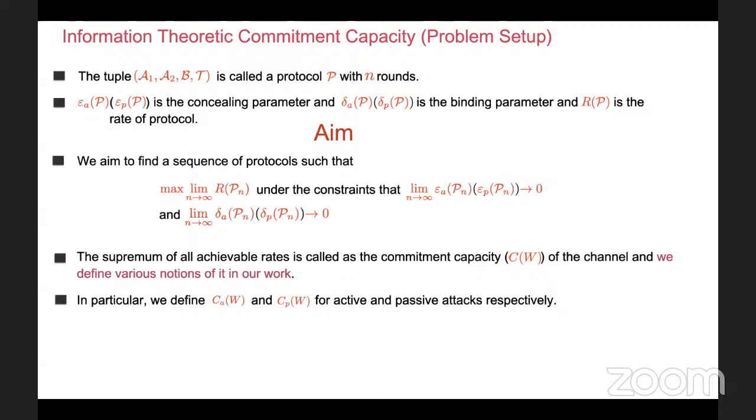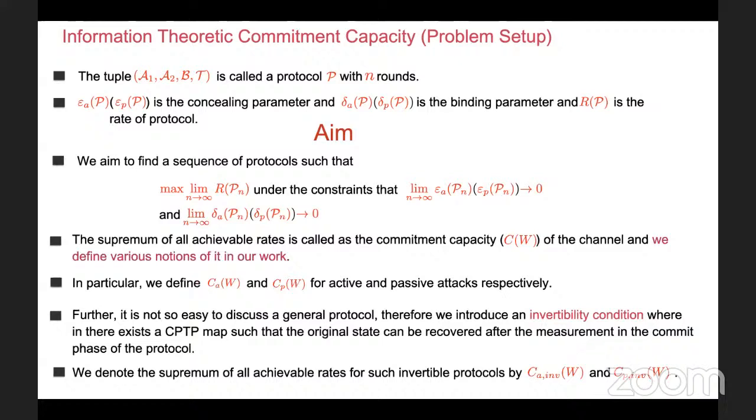In particular, we define C_A and C_P, where A and P mean active and passive attacks. In our work, we observed that it is not easy to discuss a general protocol.